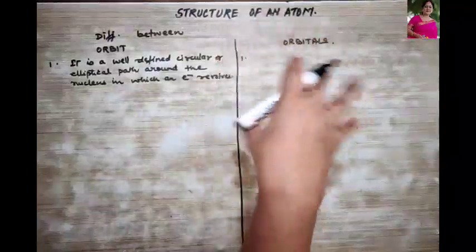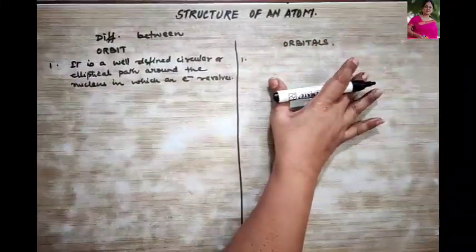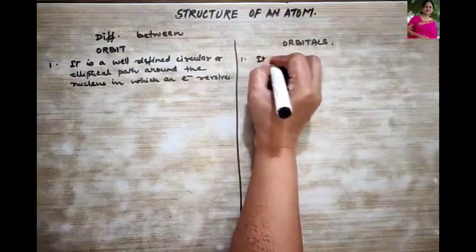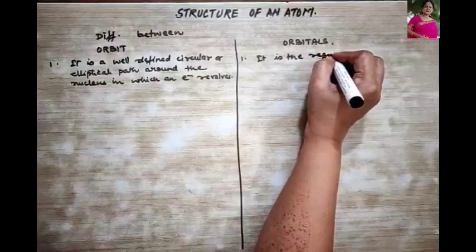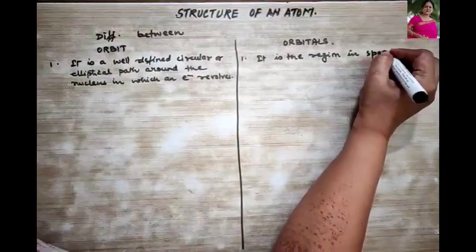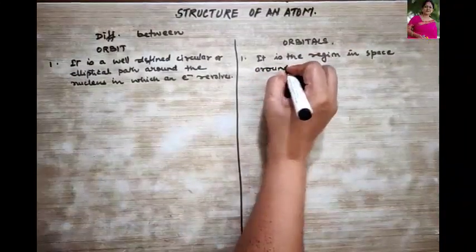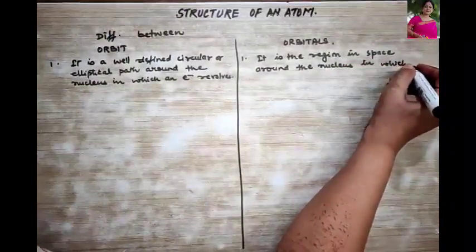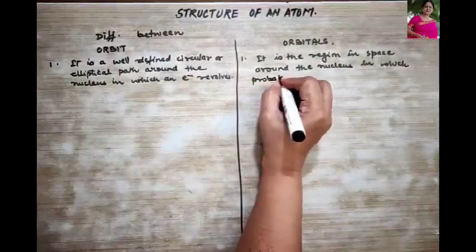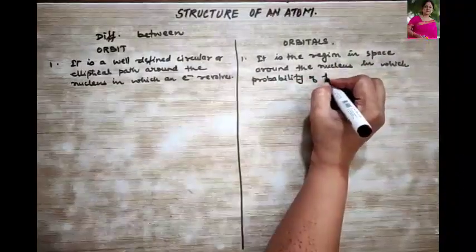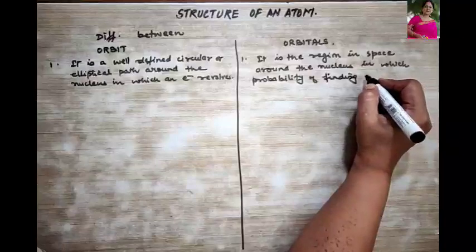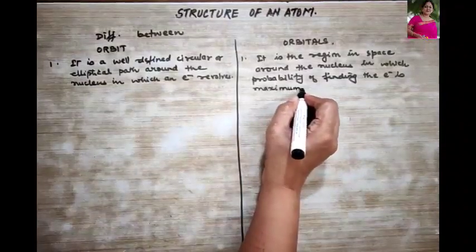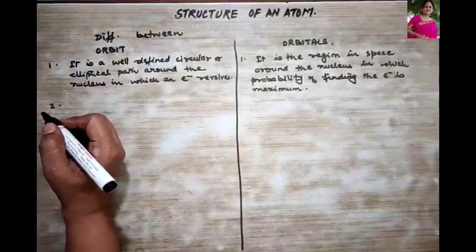It is the region in space around the nucleus in which the probability of finding the electron is maximum. That is called an orbital.